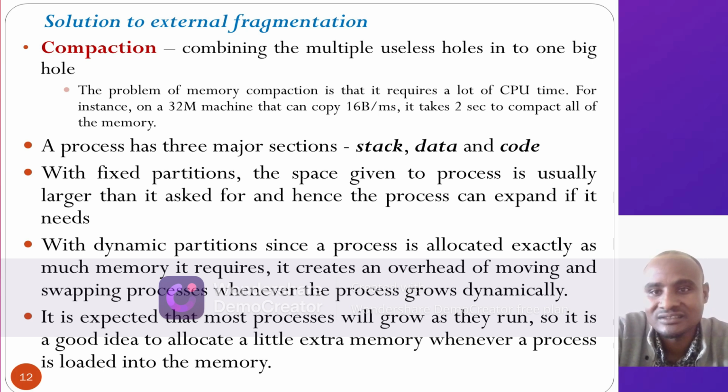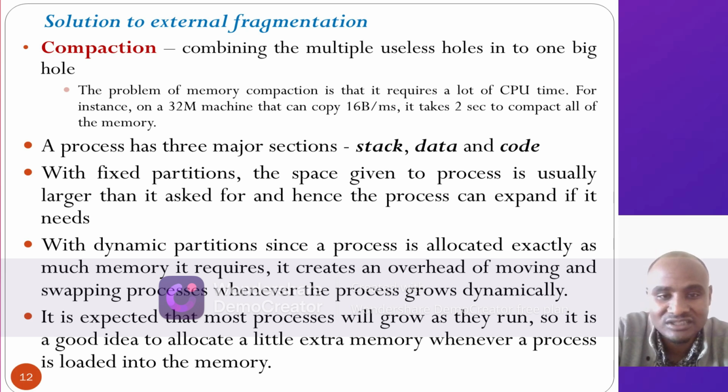This technique is compaction. The problem of memory compaction is that it requires a lot of CPU time. For instance, a 32 megabyte memory machine can only copy 16 bytes per microsecond. It takes 2 seconds to compact all of this memory. That means it takes time for compaction.